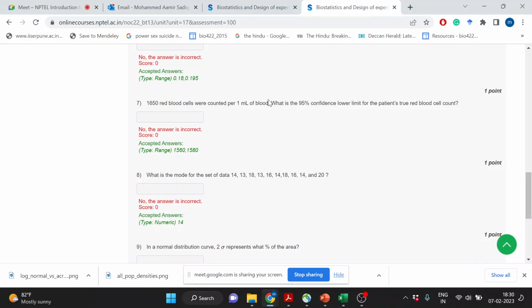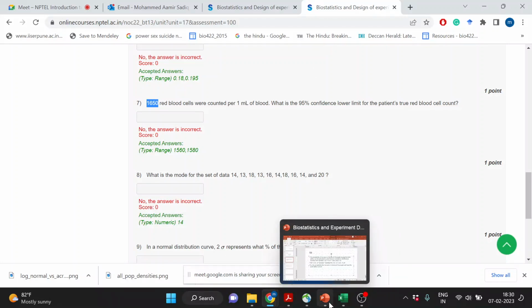It's implicit here. And in a Poisson, you know that the mean equals variance. Does everyone follow that? So here the mean, which is lambda, is 1650. And you basically just need to use that to calculate 95% confidence intervals.